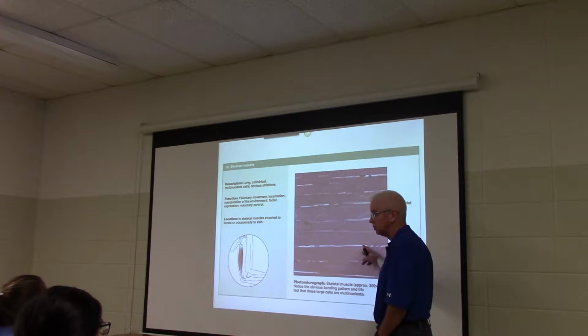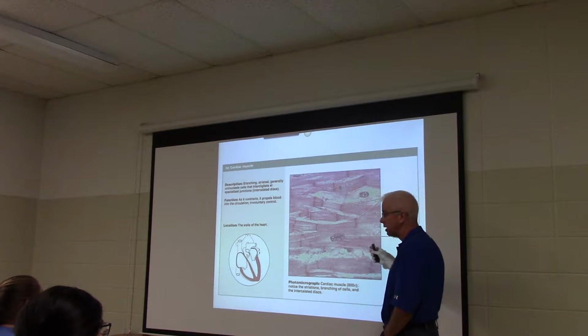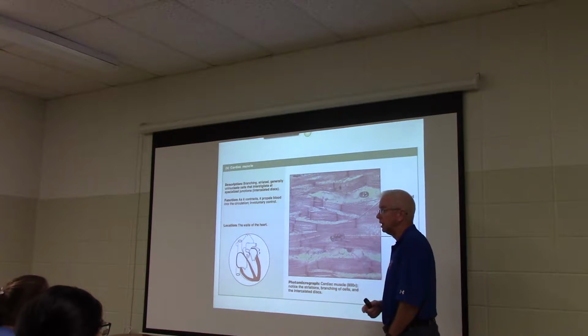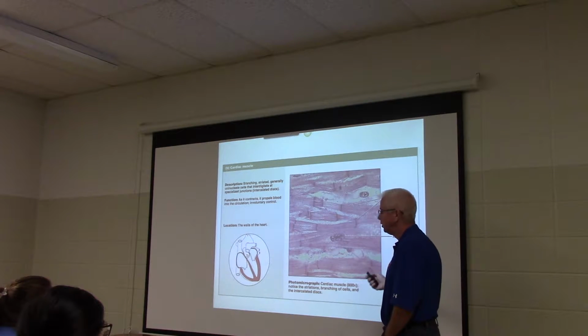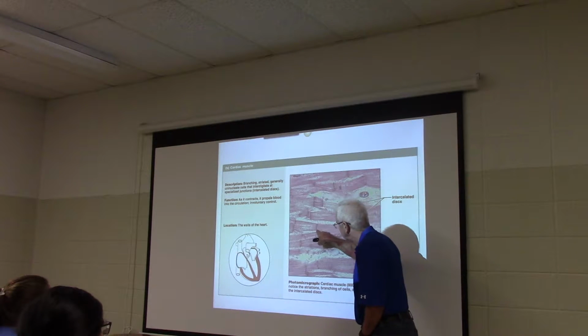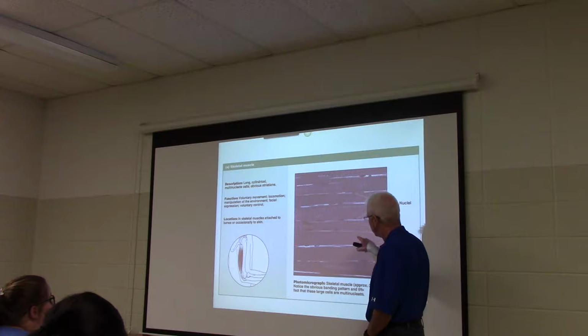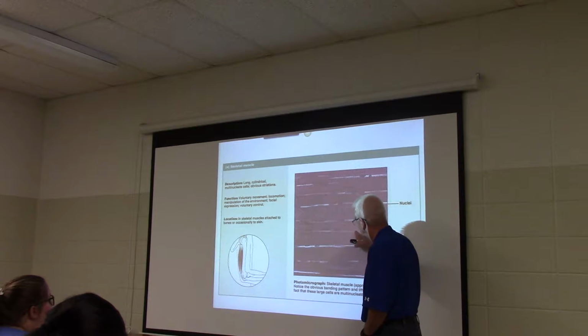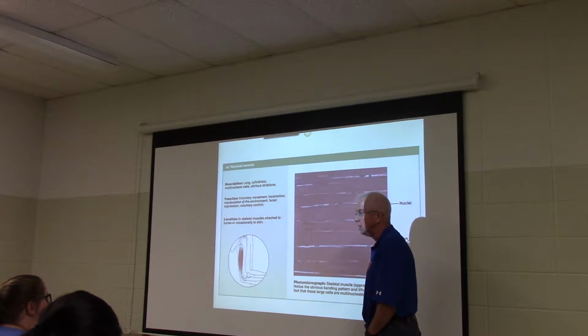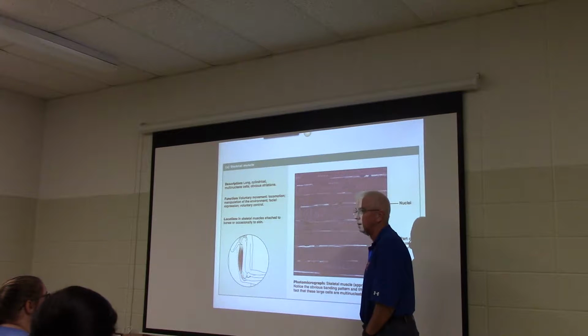This one, skeletal muscle, and the next one, cardiac muscle, look in high magnification identical to each other. Now, clearly you can see this slide and this slide are not the same. But if I blew this magnification up and looked at just this section of this cell, and I blew this one up and looked at just this section of this cell, you would not be able to tell them apart.